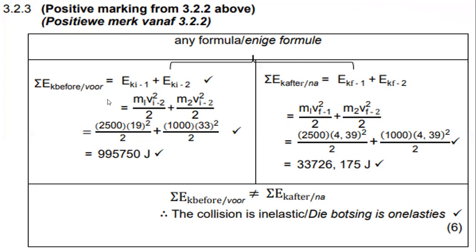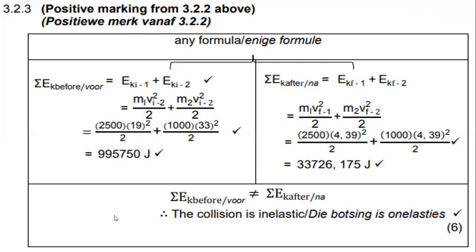Then we'll say, oh, there's the total kinetic energy before the collision and there's the total kinetic energy after the collision. And we can see that they are not equal. And if they are not equal, what does that tell us? It tells us that the collision is inelastic.